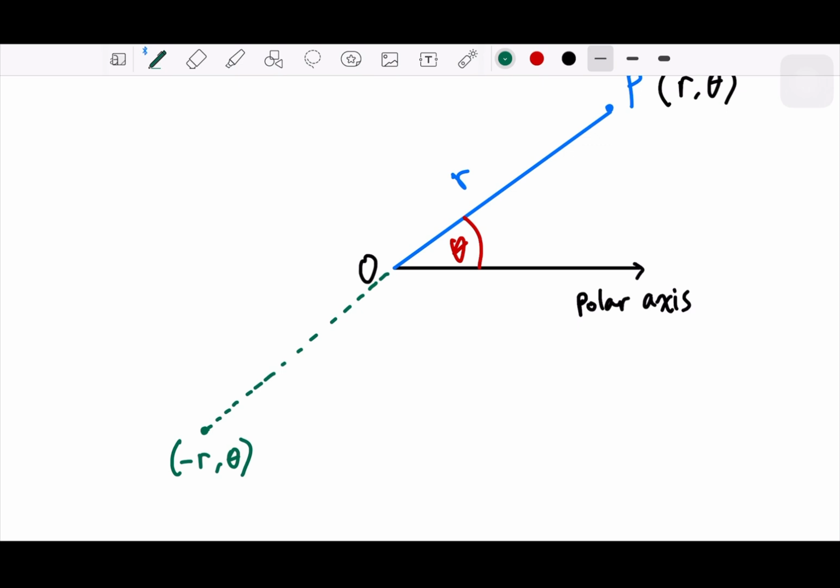But in terms of what it looks like visually, the negative is gone. We cannot see the negative. What is really happening here is that this is actually the same R, but adding pi.